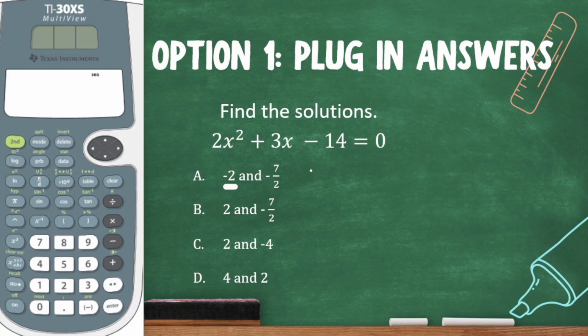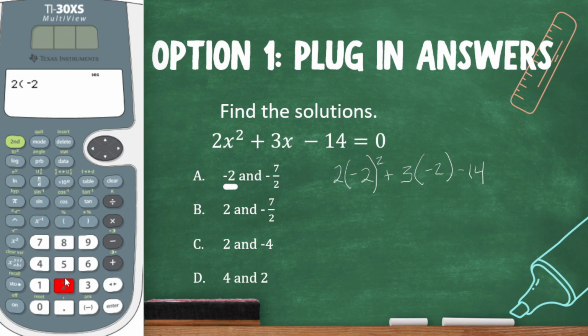So anytime there's an x, we're going to put in -2, and if you want to just write that down before you do it, it might make it a little bit easier to enter into the calculator. Okay, let's plug that in and see what happens. So we've got 2 parentheses negative. That little negative is in parentheses there.